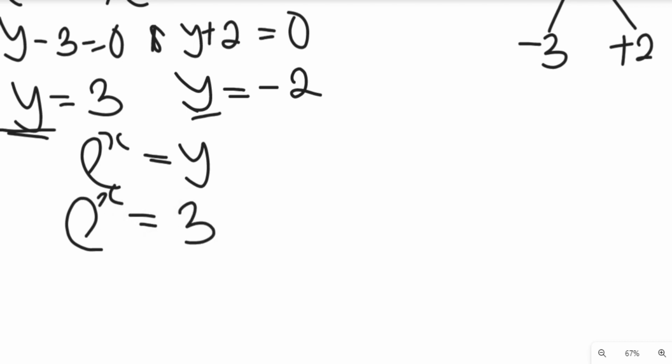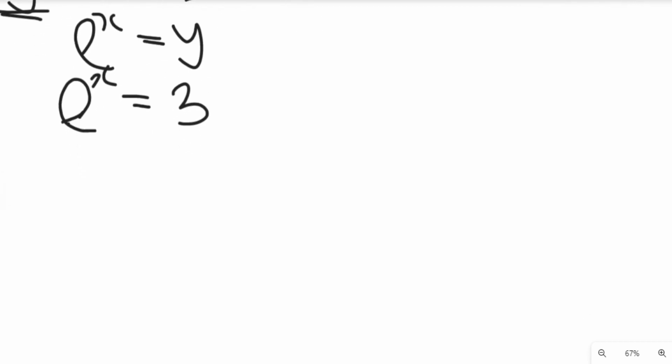From this expression, we can only solve this equation by taking the logarithm of both sides. So we take the natural logarithm of both sides. This gives us ln of e to the power of x equal to ln of 3.